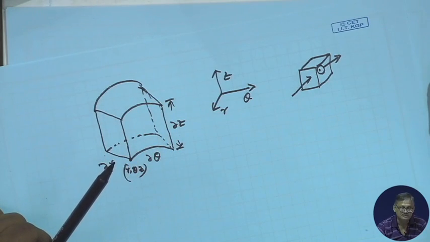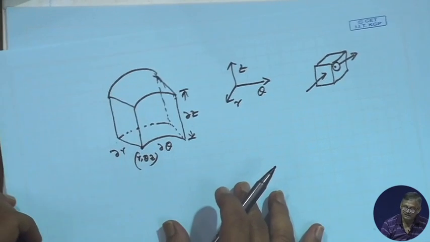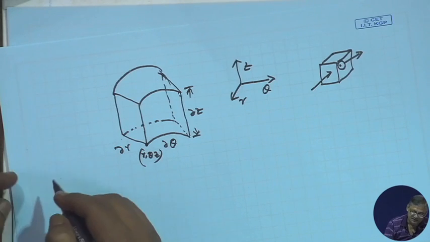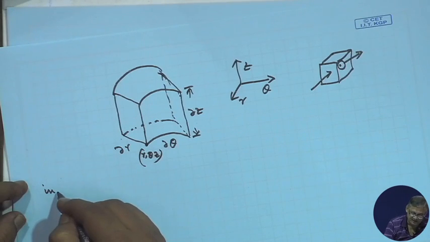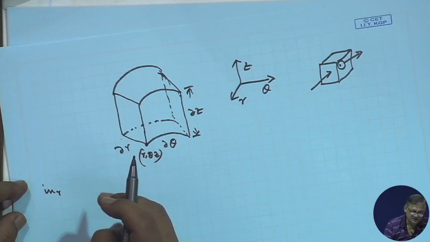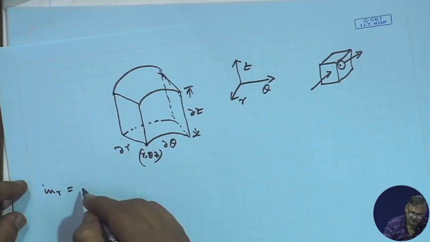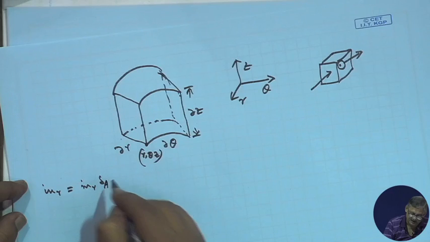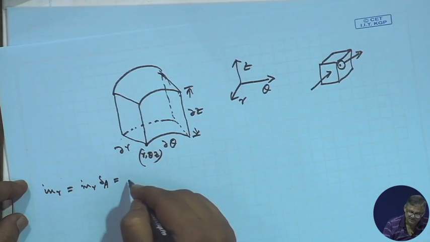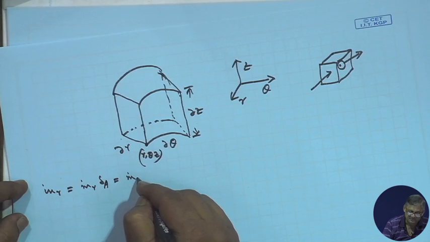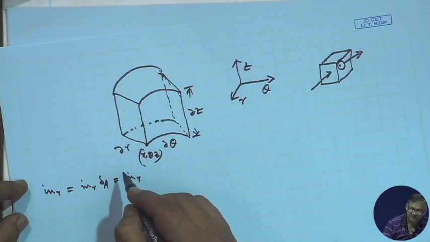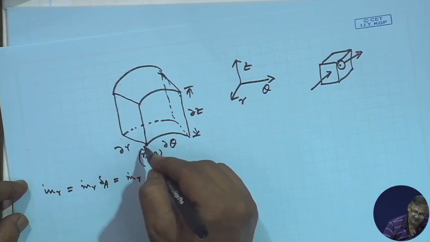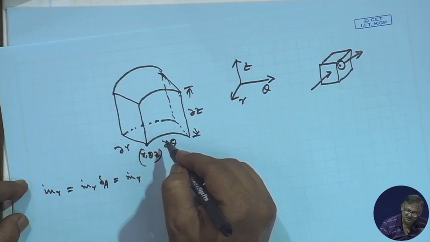If in a similar fashion as we did in the Cartesian coordinate we do it for the cylindrical coordinate, then in the face r we can write m dot r into the area del a.